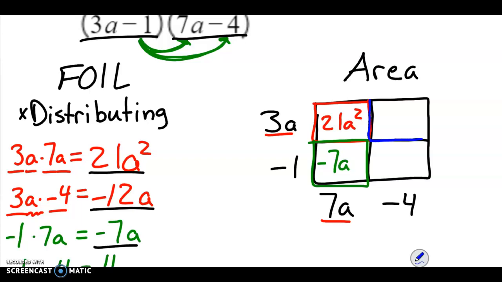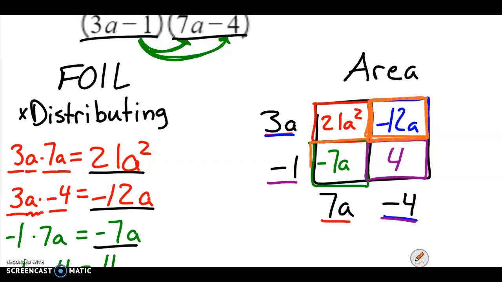This box in the top right is going to have 3a times negative 4, which is going to be negative 12a. And then the box on the bottom right is going to have negative 1 times negative 4, which is going to be positive 4. And then here, you also have to make sure you're accounting for the like terms, which are going to end up in these two diagonal boxes.